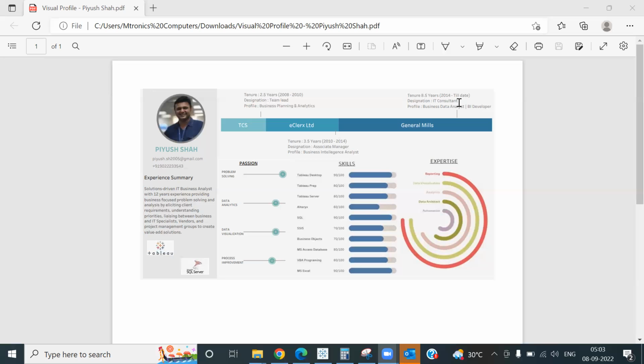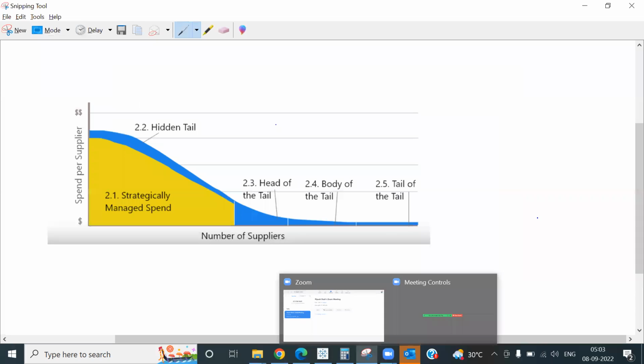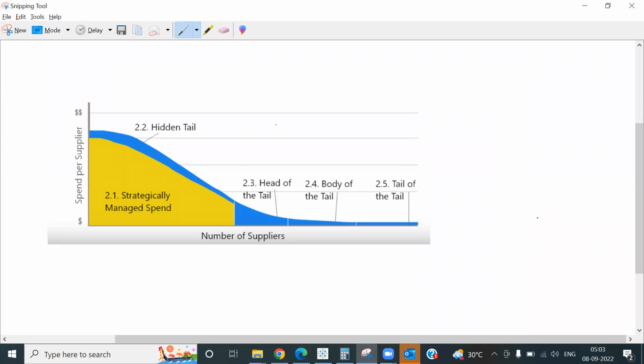All right. So let's move to the topic. The topic is tail spend analysis. Tail spend analysis is very important for companies which have a large amount of purchasing, mostly the procurement processes, supply chain. All these companies should do a tail spend analysis to manage their unmonitored spend, maverick spend.